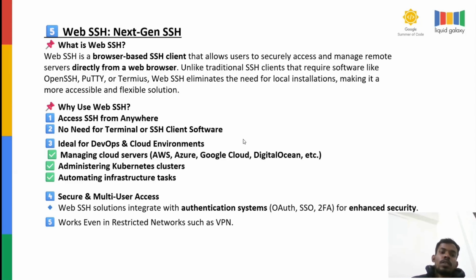Web SSH solutions integrate with authentication systems like OAuth and two-factor authentication for enhanced security. The fifth reason is it even works in restricted networks such as VPN. Unlike the normal SSH, it can be used in virtual private network environments.